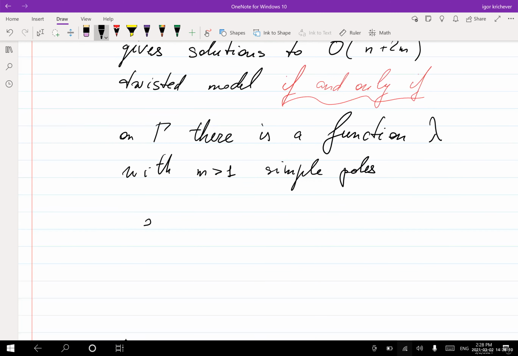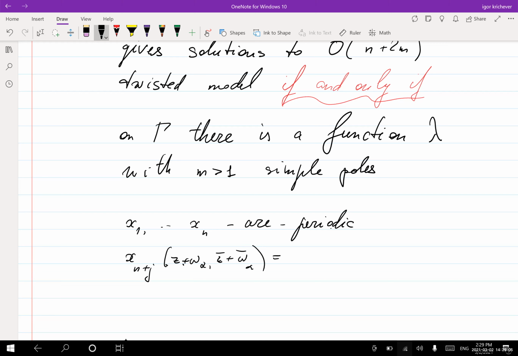So what does twisted mean? Twisted means that x_1, ..., x_{n+2m} represent: the first n coordinates x_1, ..., x_n are periodic. x_{n+j} is a Bloch function under z plus omega_alpha, z bar plus omega_alpha bar, with multiplier a_j times x_{n+j}.